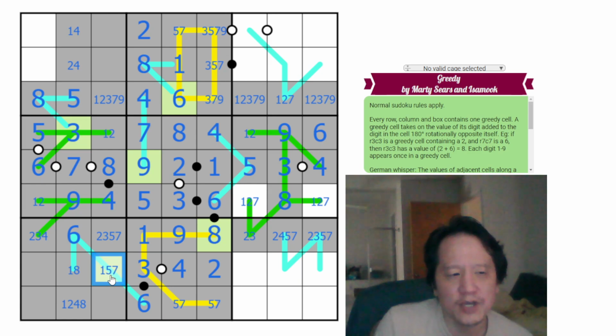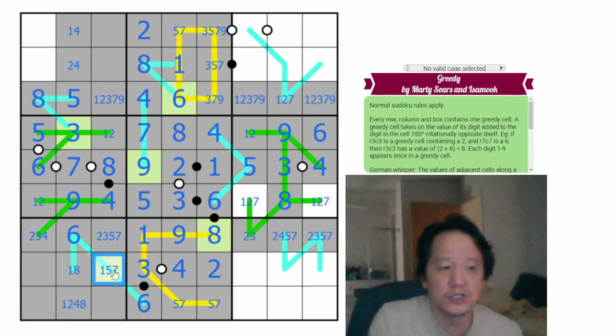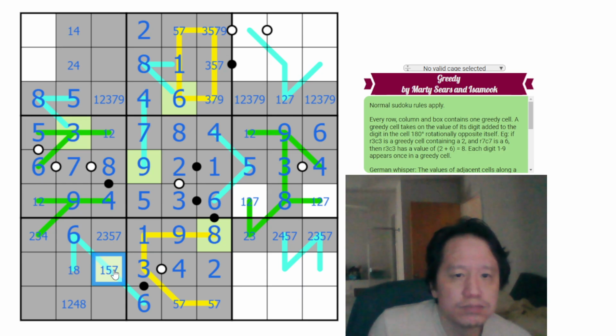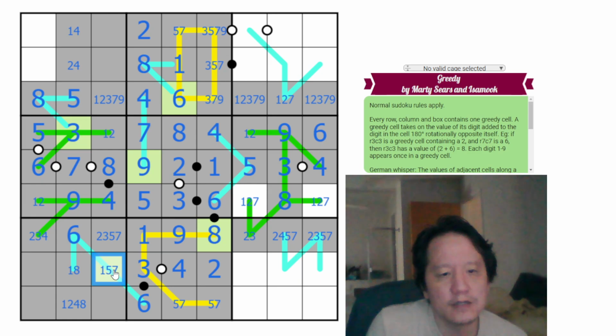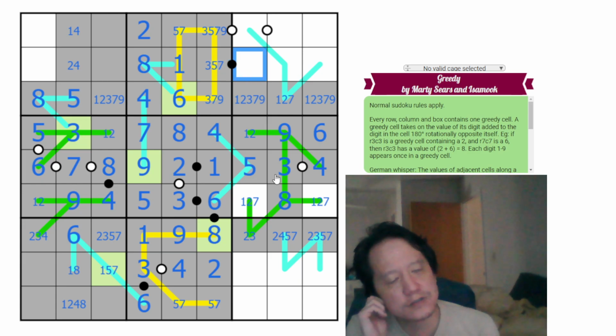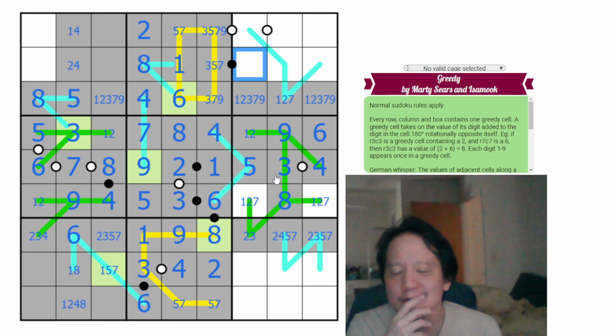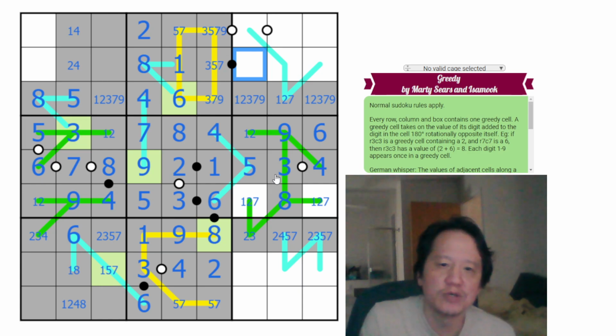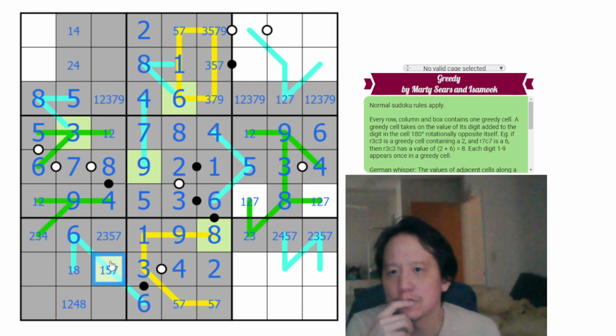So this value cannot be 4. So it's 8 or 11. If it's 8, it has to be 5 and 3. Okay, so this value is either 6, 10, or 14. But this is an odd number, right?